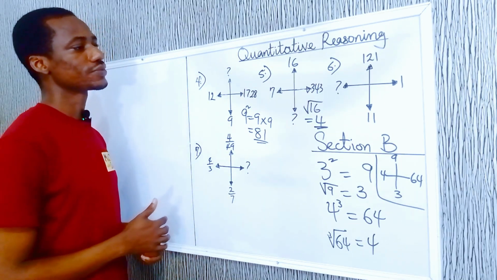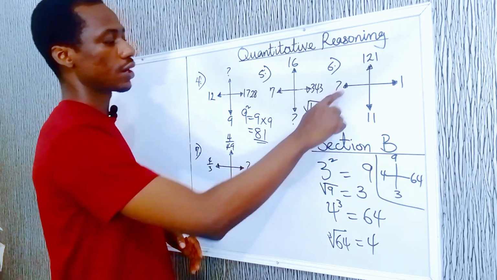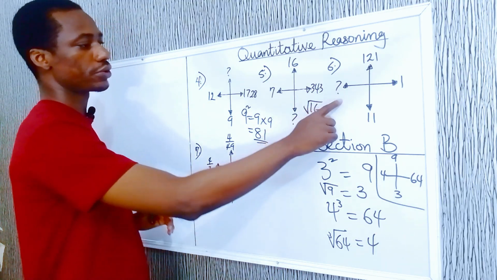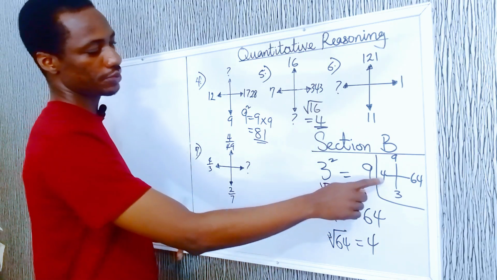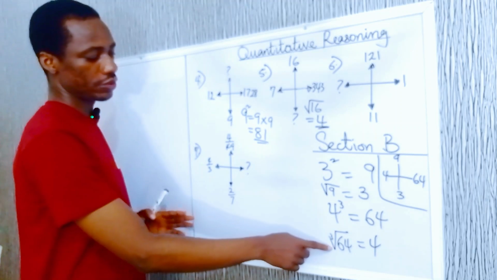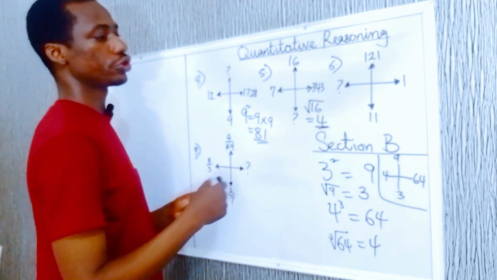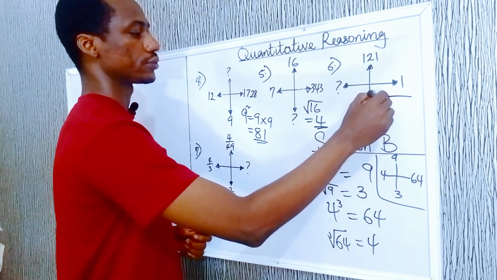Easy peasy, right? And then number 6, we are looking for the left part now, in place of 4. How did we get the 4 from our analysis? We took the cube root of 64. So we are taking the cube root of 1.